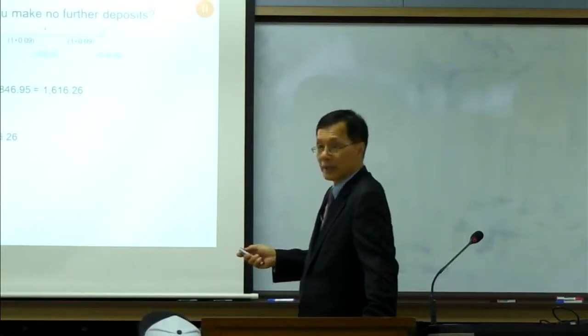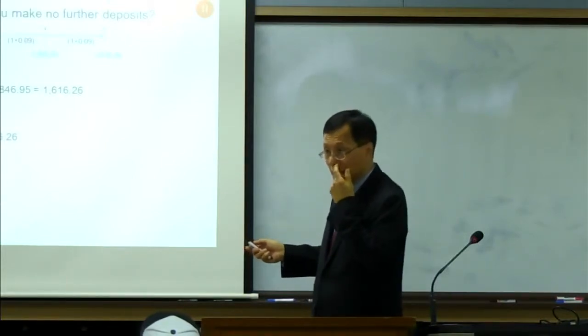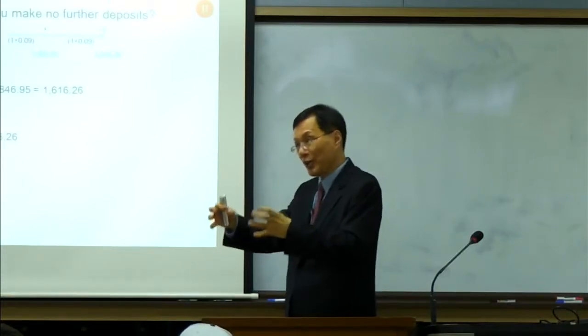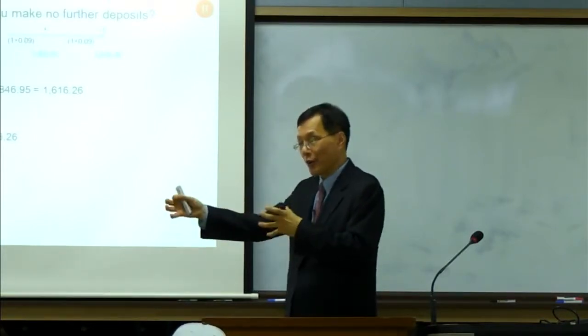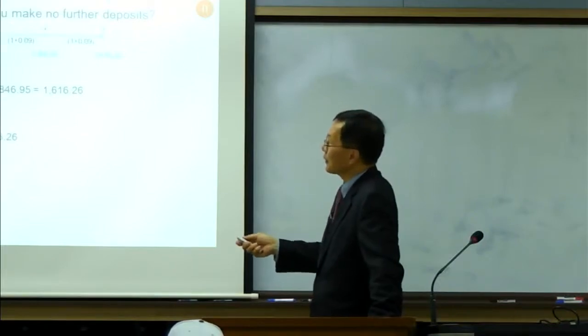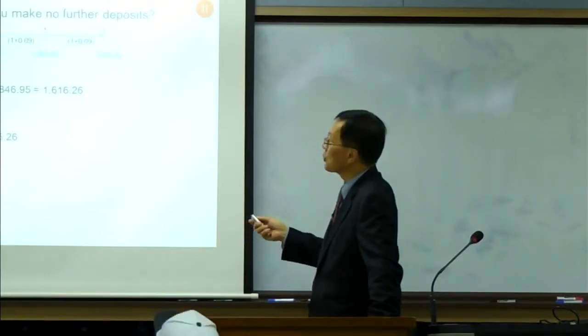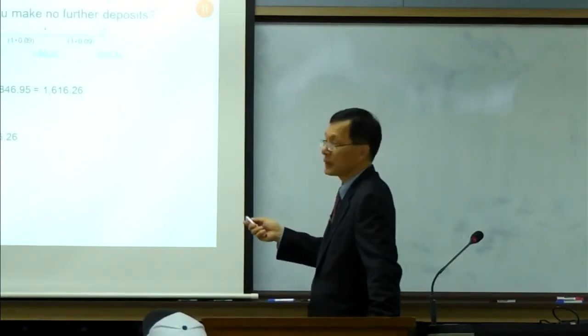But the fund will grow because the amount invested in the fund will keep earning returns. And if they are expected to earn 9% interest, then what would be the value of your account in year 5?